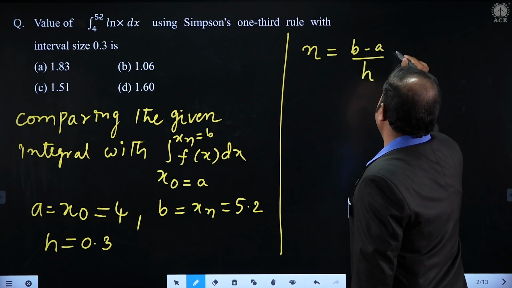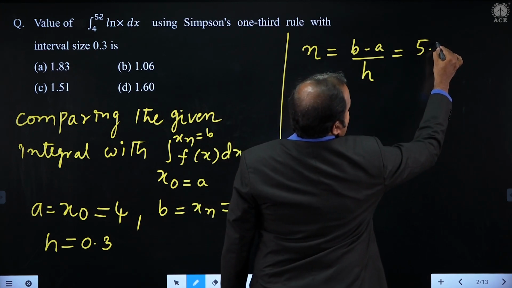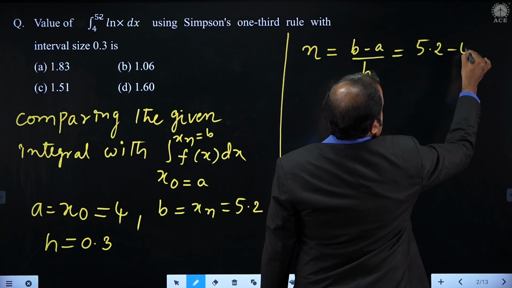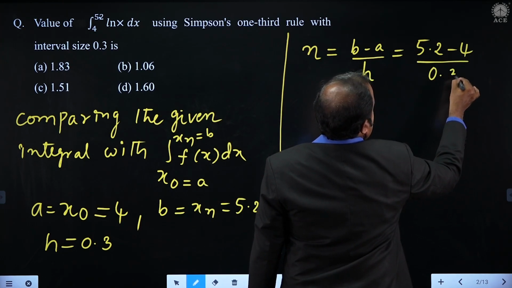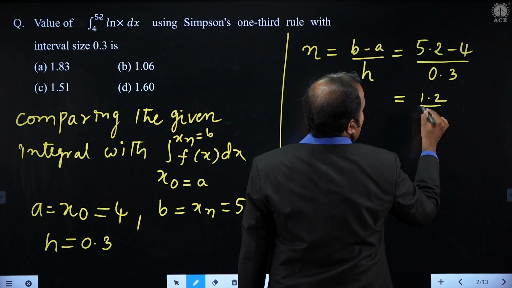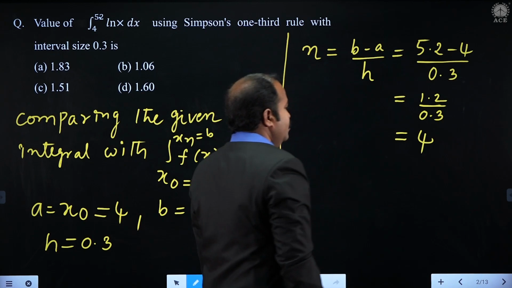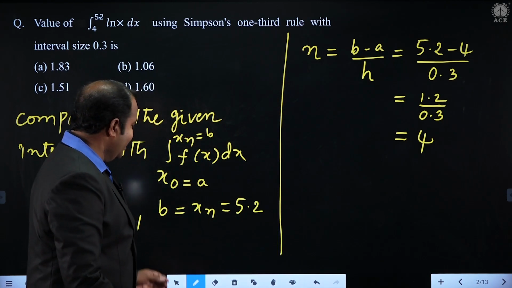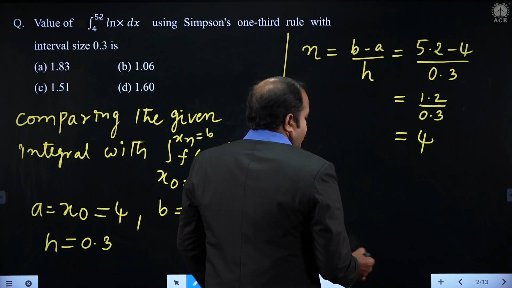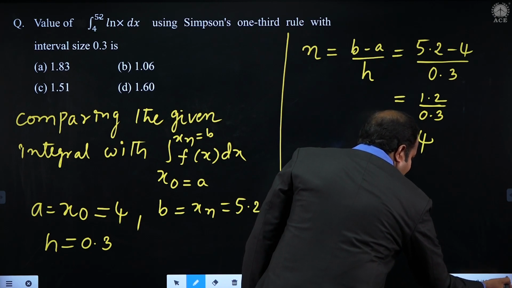That is (5.2 minus 4) by 0.3, that is 1.2 by 0.3, which equals 4. So the number of subintervals is 4 and the length of each subinterval is 0.3. So we need to calculate f of x values at these points.